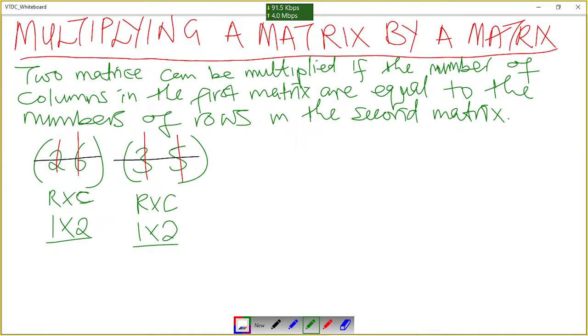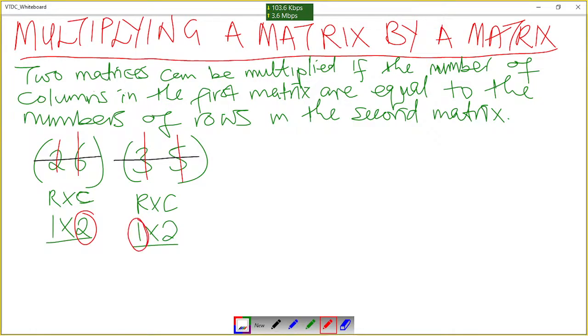Now let's look at the golden rule we have above there, which says two matrices can be multiplied if the number of columns in the first matrix is equal to the number of rows in the second matrix. Now let's look at this. The number of columns in the first matrix is 2. How many rows are in the second matrix?